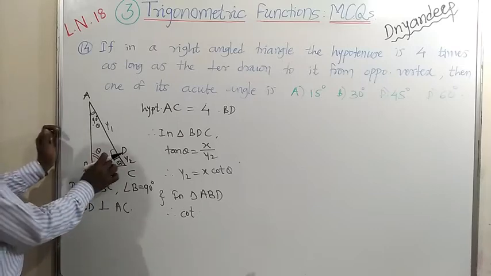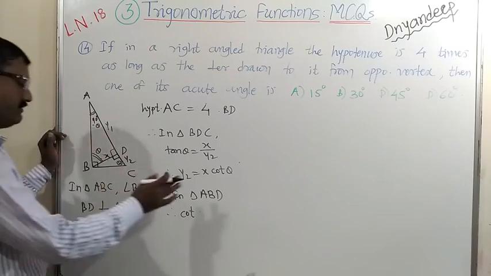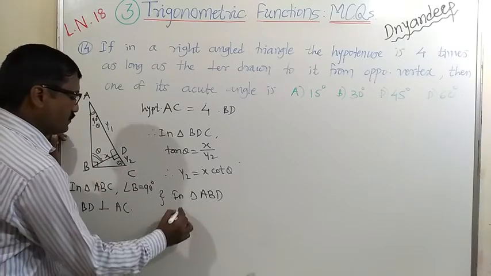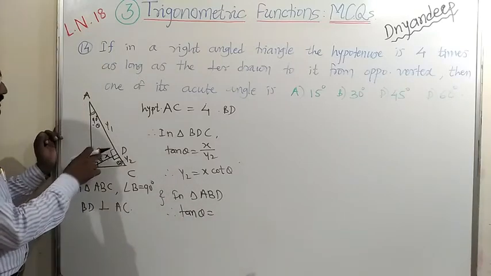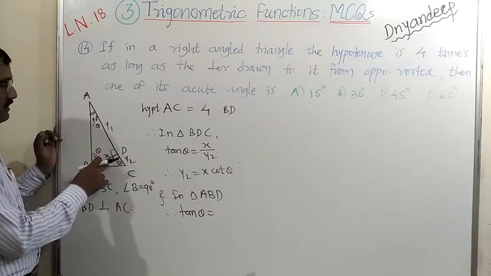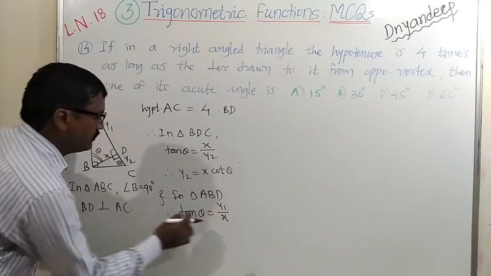For this theta, x is adjacent and y1 is opposite. So tan theta is equal to opposite upon adjacent, that is y1 upon x. So y1 is equal to x tan theta.